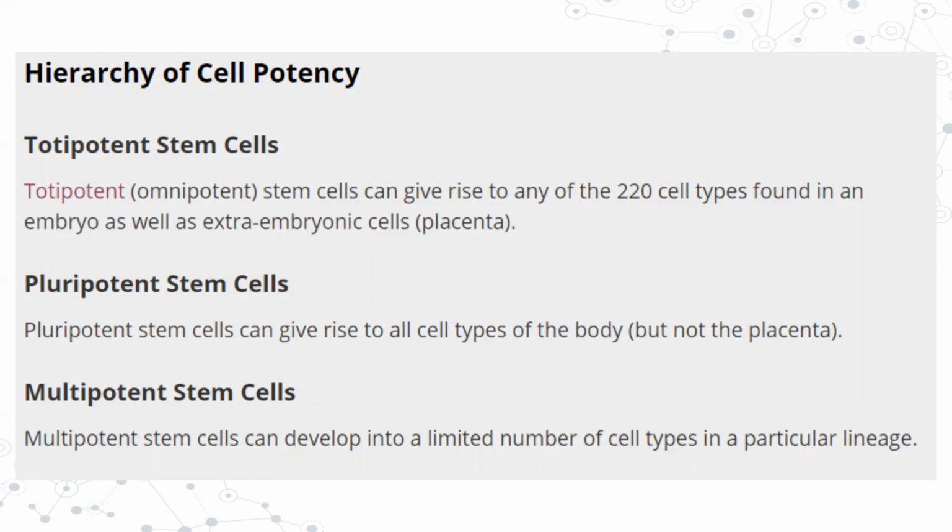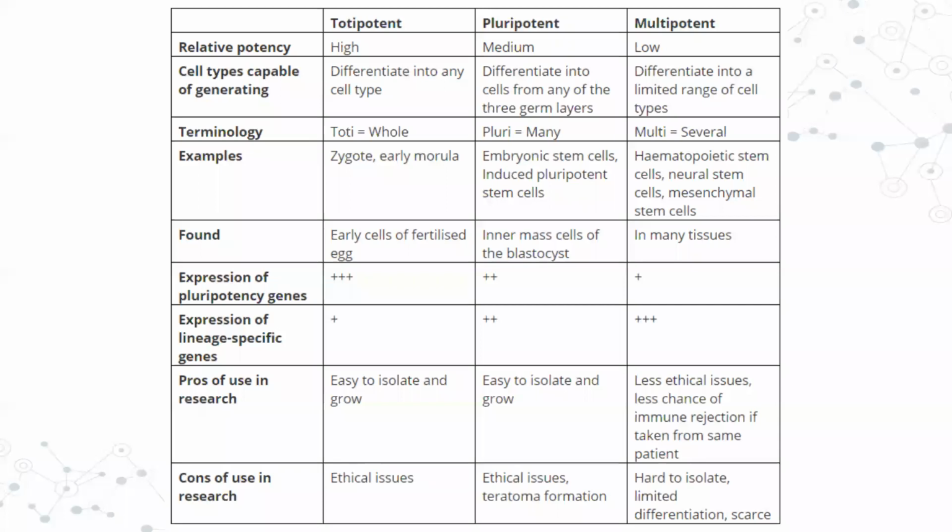Totipotent can give rise to literally any cell, and in case you didn't know, you have 220 different cell types. Pluripotent can basically give rise to all the cell types except placenta. So pluripotent are still really good. Okay, they're very efficient to use for regenerative medicine purposes. Multipotent is limited. Okay, so we'll look at those examples.